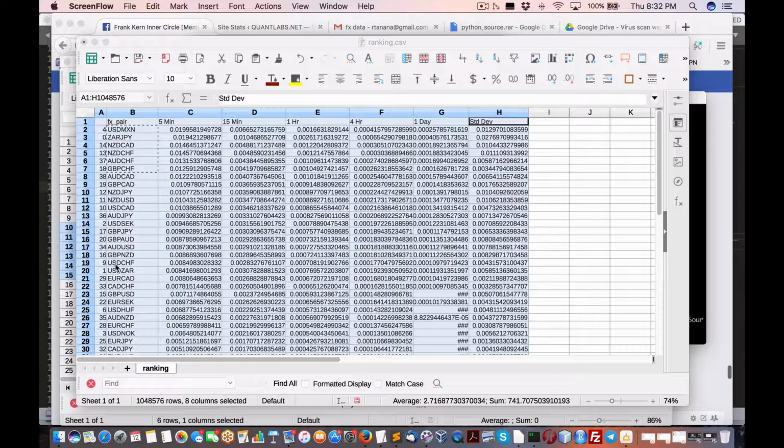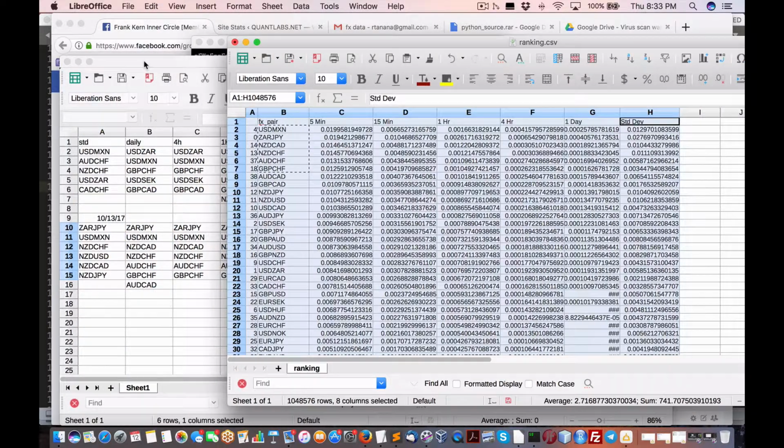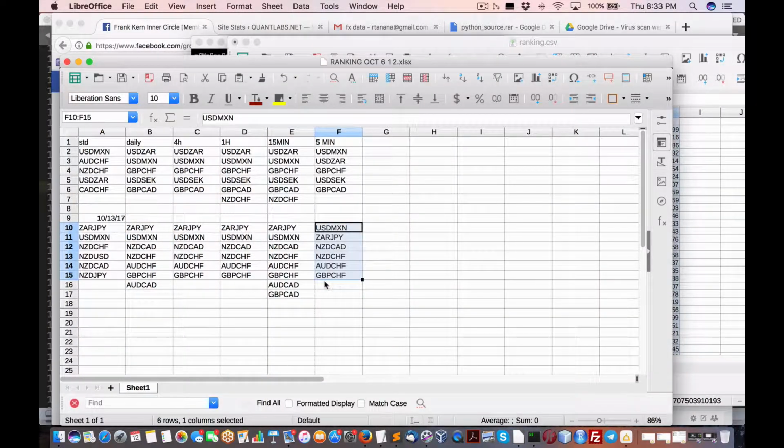So this is all the volatility data for the periods on the short intraday view. As you can tell, we got the 5 minute, 15 minute, 1 hour, 4 hour, 1 day standard deviation for the last day. So as I did before, I did analysis, and I've pretty well summarized everything here for today by their periods and their volatility.